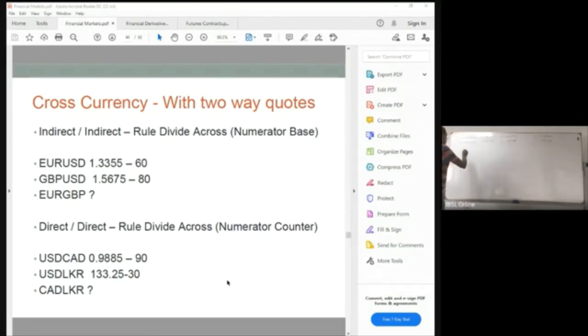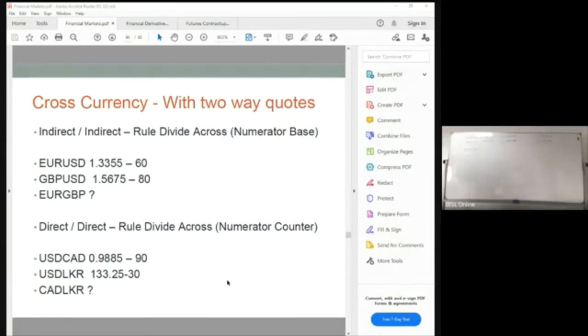And you have to calculate euro sterling. So both are indirect. Both indirect, meaning you need to divide the exchange rates. Divide. Okay, so you divide.